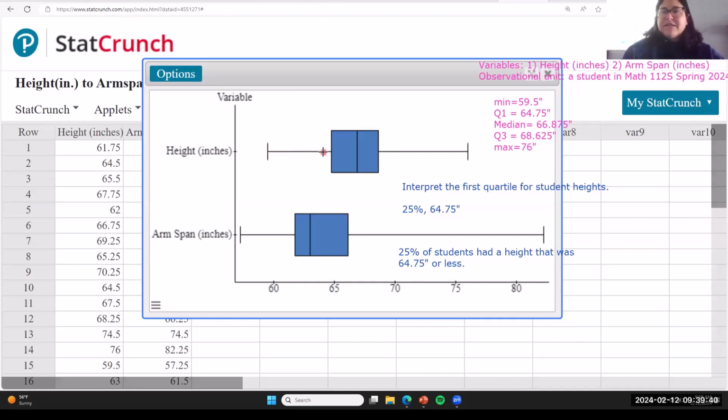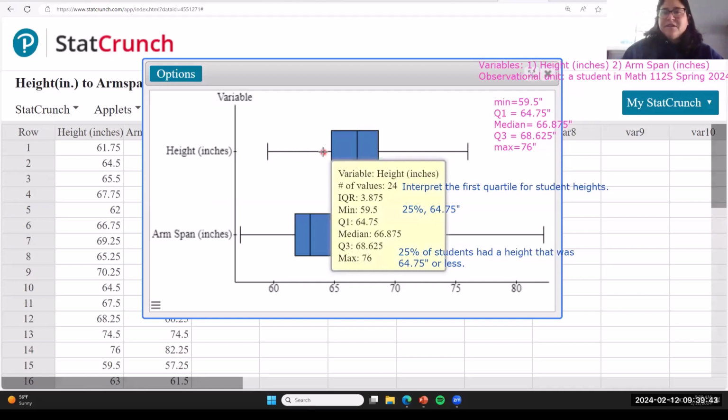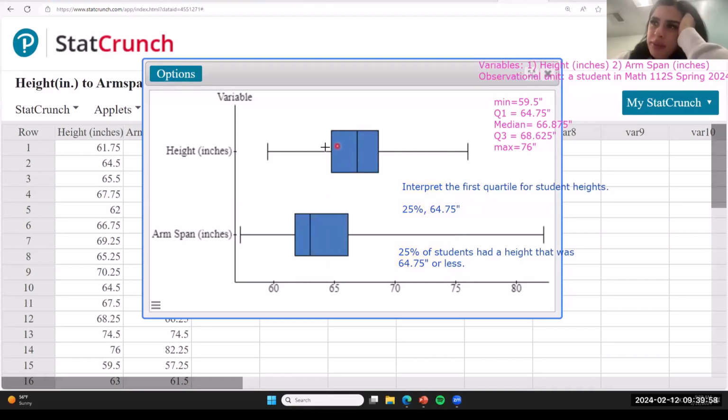And does anybody remember how many students we said there were total? How many students did we measure total? 24. Yeah, 24 total. So in this quarter right here, there are going to be 6 students. How'd I get that 6? Don't you divide it into 4 parts? Yeah, I divided 24 into 4 parts, so I took 24 divided by 4.